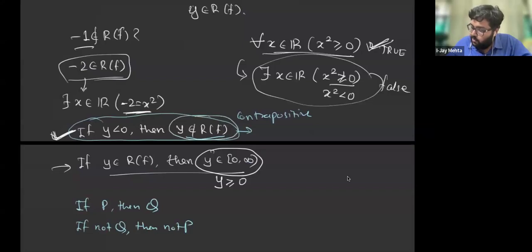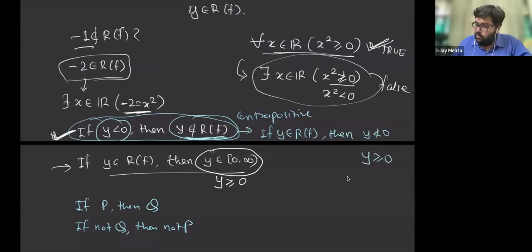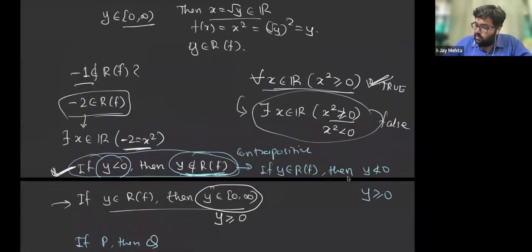So this is not Q. So what is the negation of this? It will be: if y belongs to the range of f, then what is the negation of this? Then y is not less than 0. So what does this mean? y is greater than or equal to 0. Already we have shown this. So this one is done.